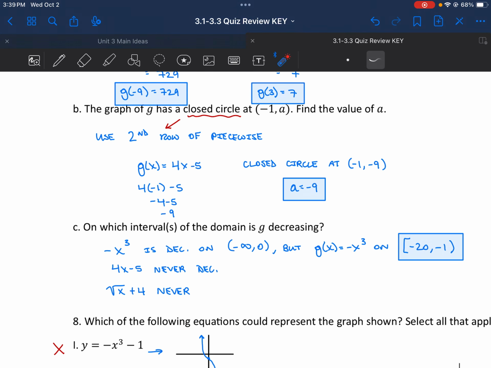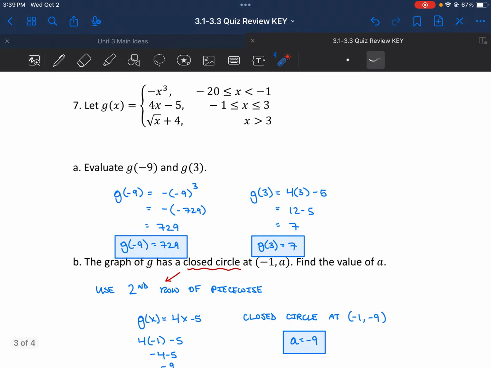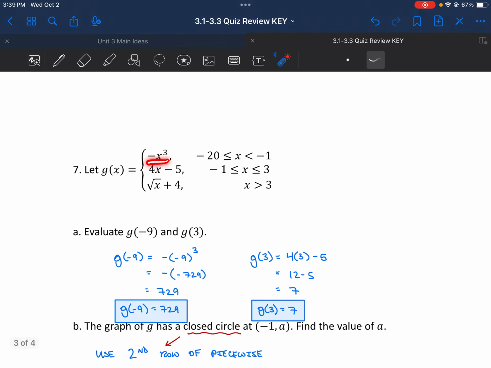C, on which interval or intervals of the domain is g increasing? Okay, so let's think about each of these different functions. A cubic function does that. However, this is a cubic function that's been reflected across the x-axis.